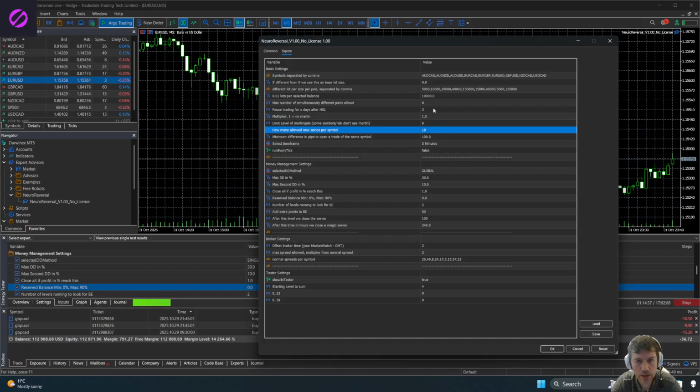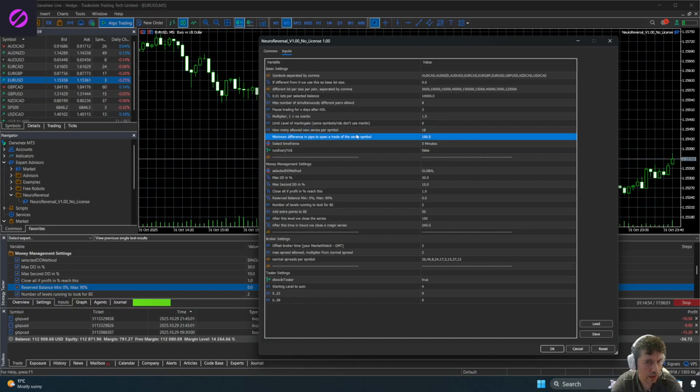Every symbol can have up to 15 different magic numbers. This is limiting a maximum of 18 magic numbers, or 18 different series in total. This is to avoid opening very similar trades. So we have a minimum of 100 points between trades of the same symbol.